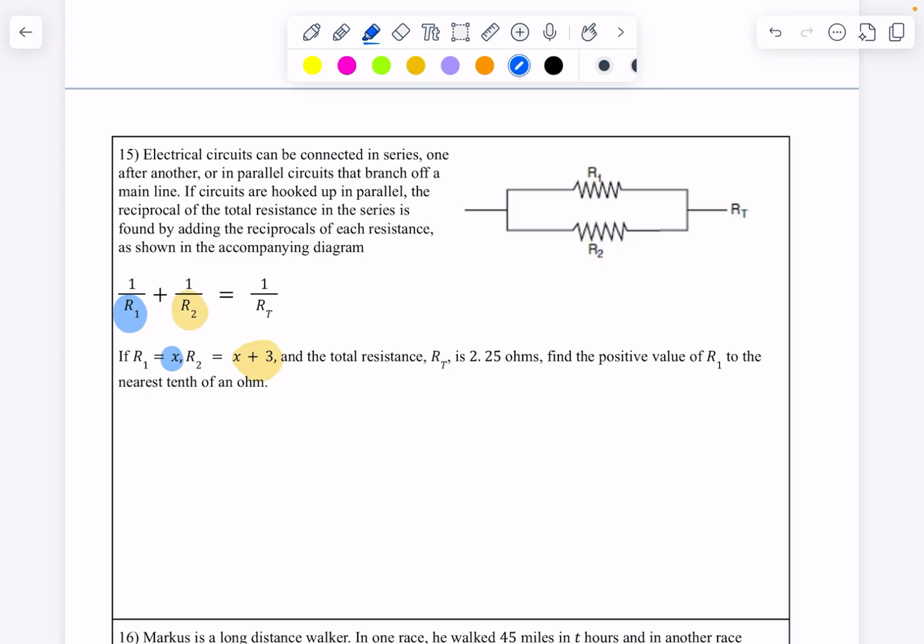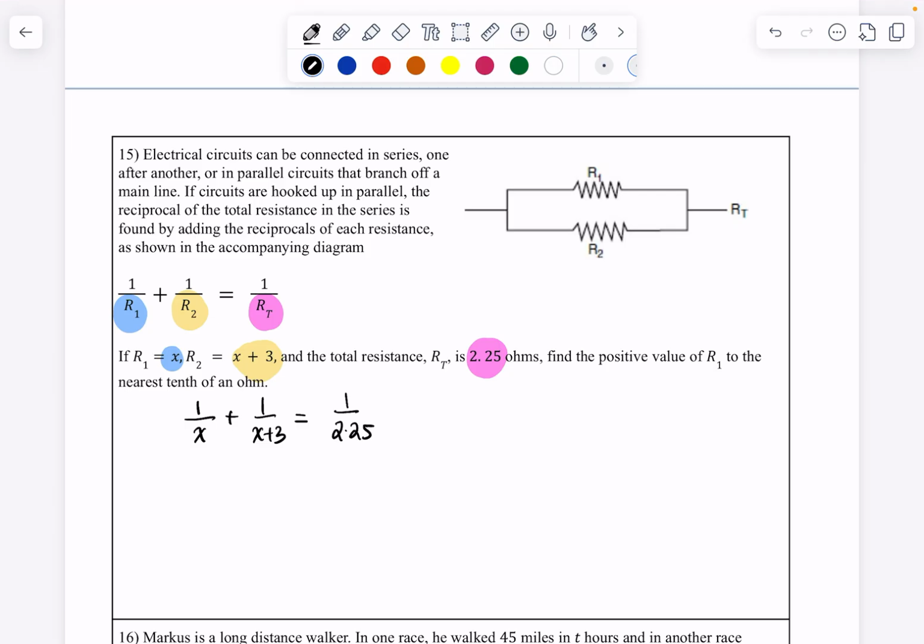So R of t is 2.25. Okay, let's substitute wherever we can. So we have 1 over x plus 1 over x plus 3 is equal to 1 over 2.25.